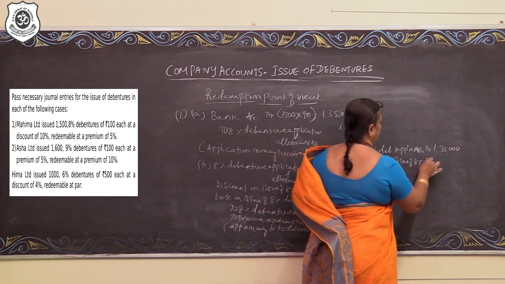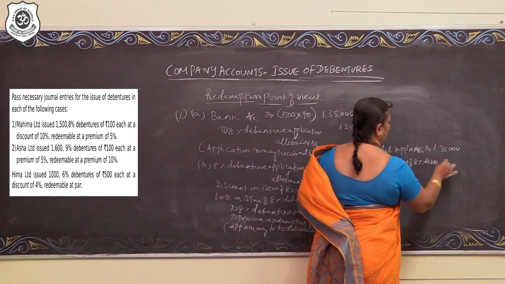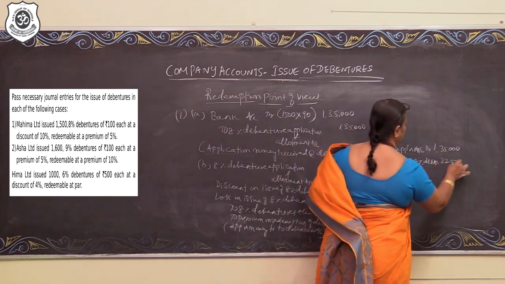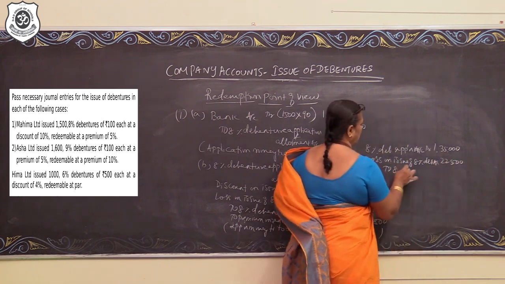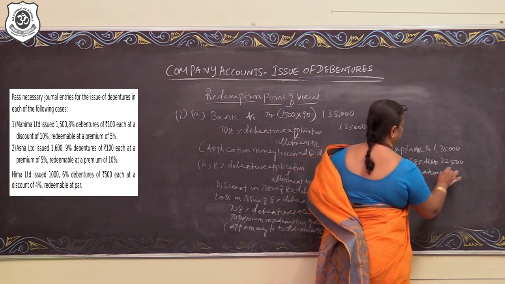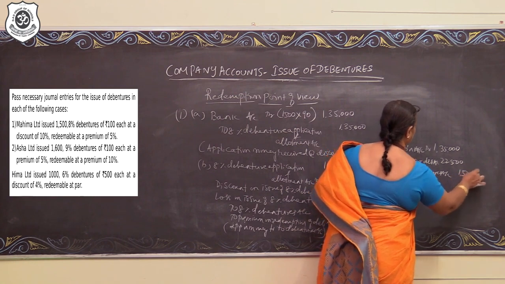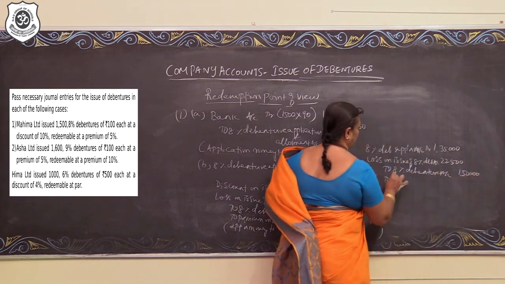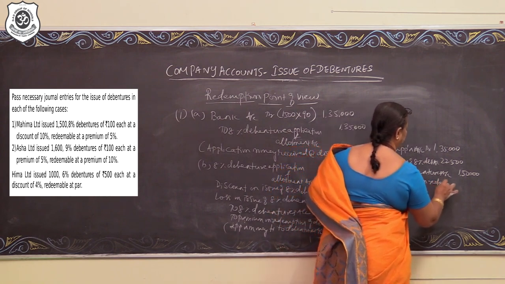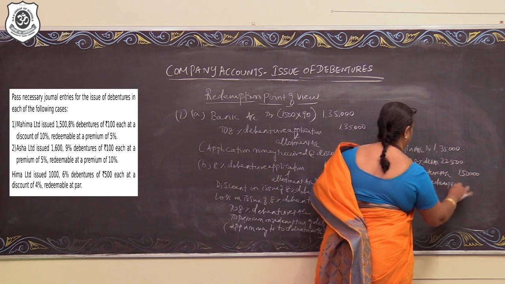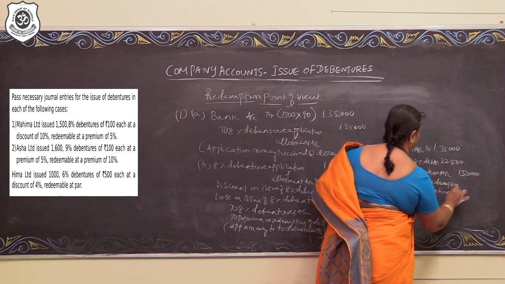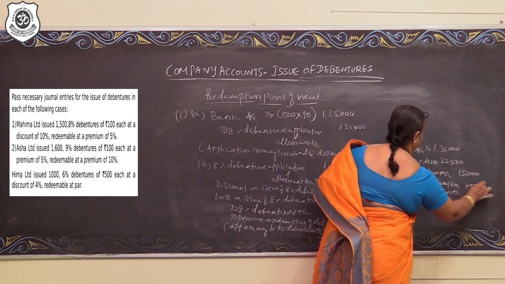Loss on issue of 8% debentures account debit will be 15,000 plus 7,500, 22,500 to 8% debentures account, 1,50,000 to premium on redemption of debentures account, 7,500.